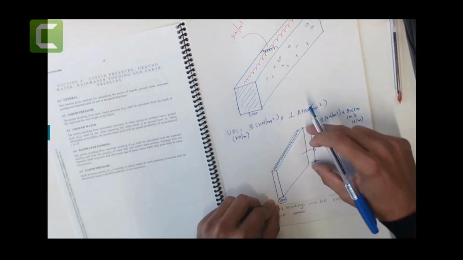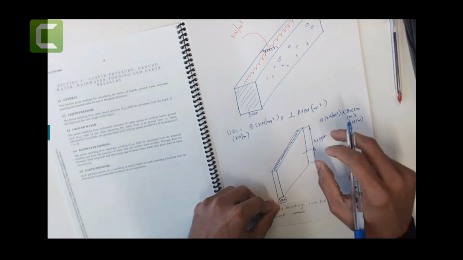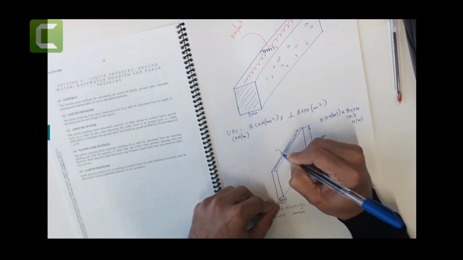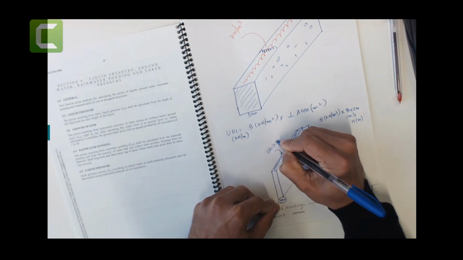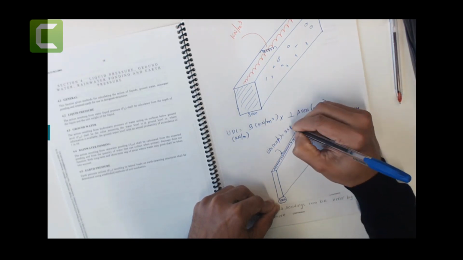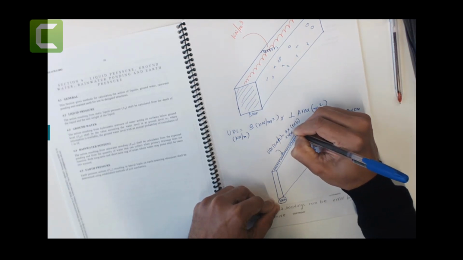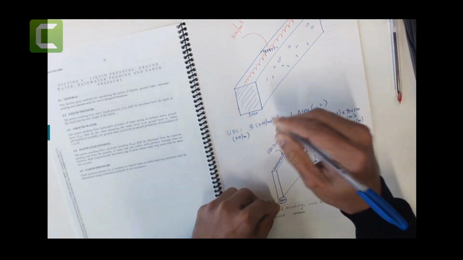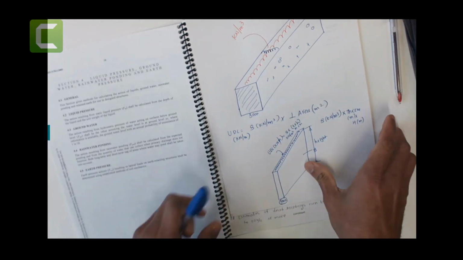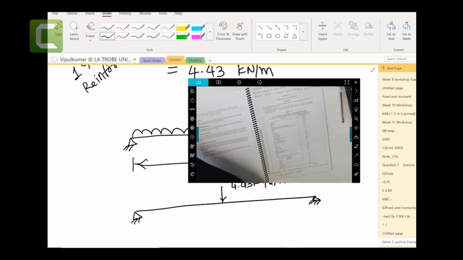If you have a wall like a brick wall, then thickness times height multiplied by density gives you the UDL load. UDL load in kilonewton per meter equals density times thickness times height. Density is in kilonewton per meter cubed, thickness is in meters and height is in meters. That's just a summary. Now let's jump on to the next question.